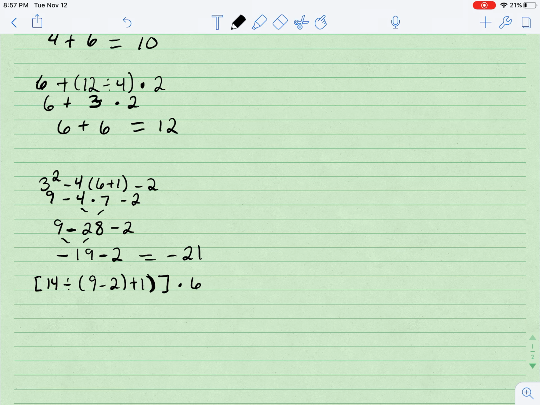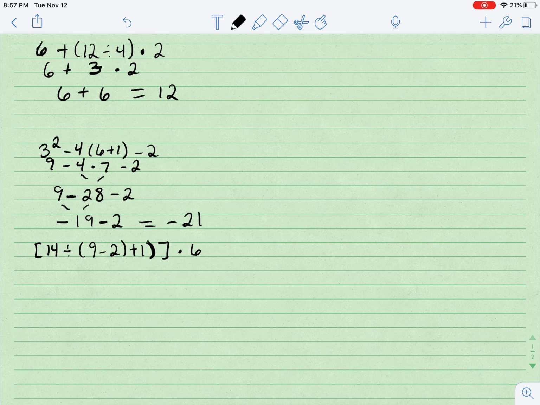Okay, and last one. So here we see these kind of different side type brackets. So we still do everything inside those first, and we have to solve everything in that bracket before we do our multiplication. So 9 minus 2 is 7.